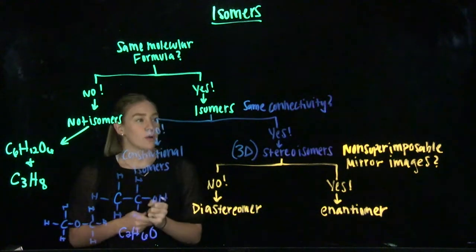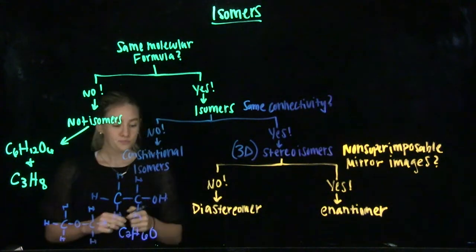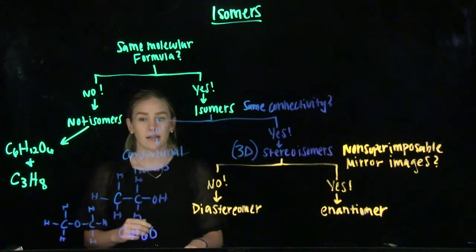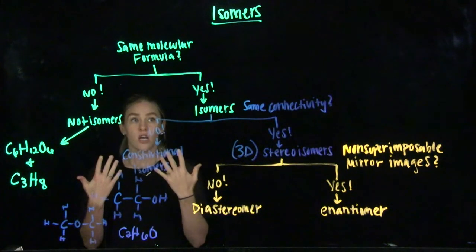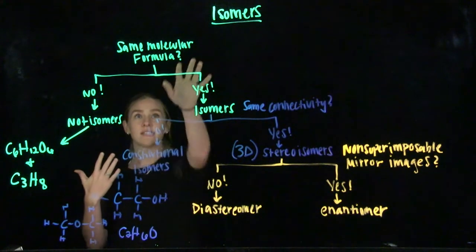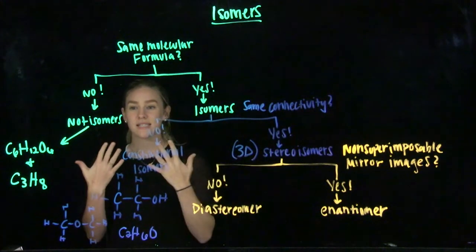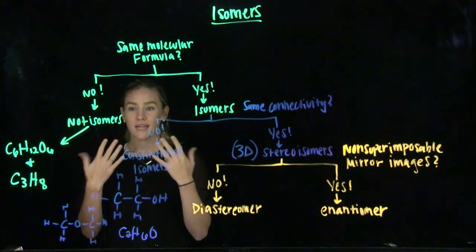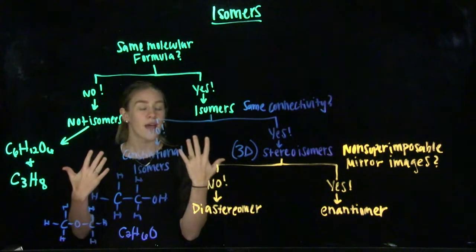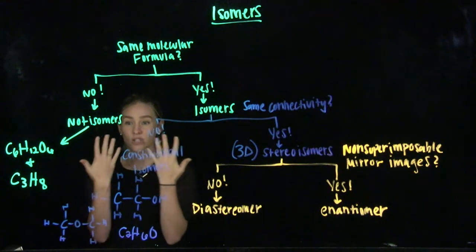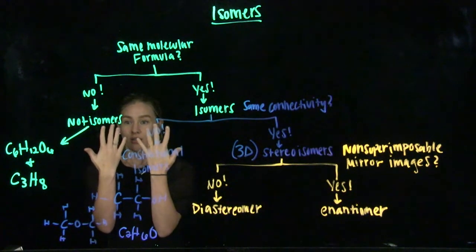So non-superimposable mirror images is going to be something like your hands. Your hands both have 5 fingers, so in that case, they would have the same molecular formula and they're connected the same way. You have your thumb connected to the same side as your arm as the other side as well. However, our hands are mirror images. You can see that here.